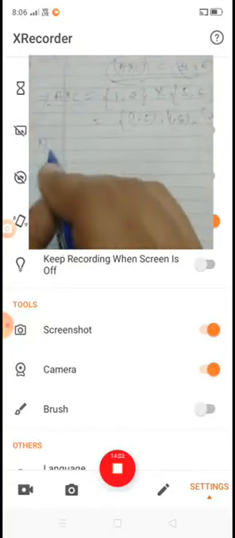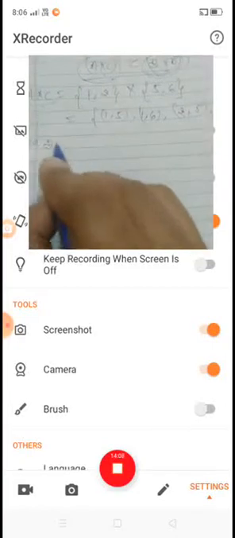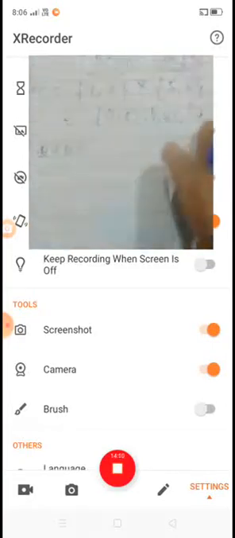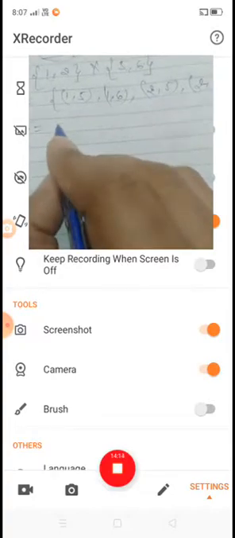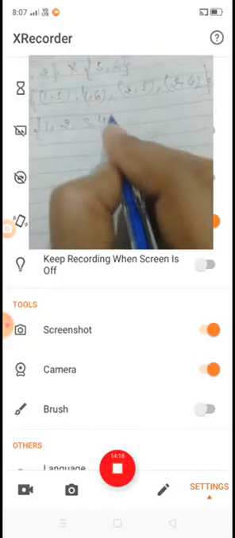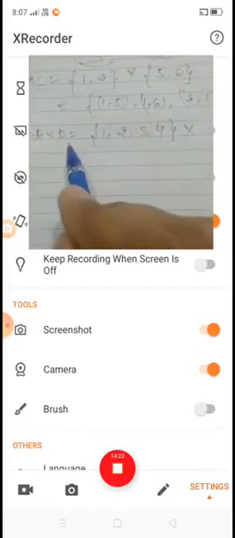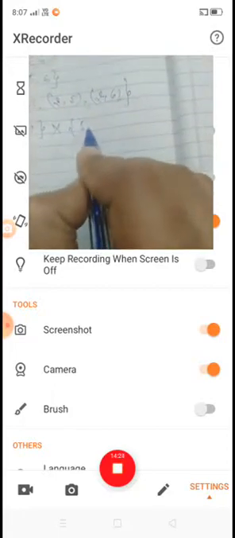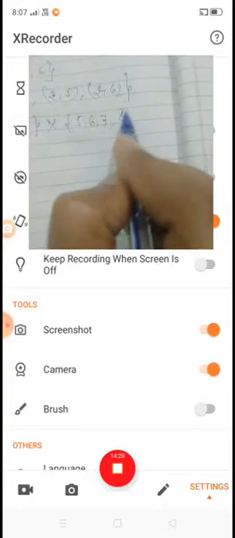Now we find B cross D. The value of set B is 1, 2, 3 and 4. Now cross, the value of set D is 5, 6, 7, 8.